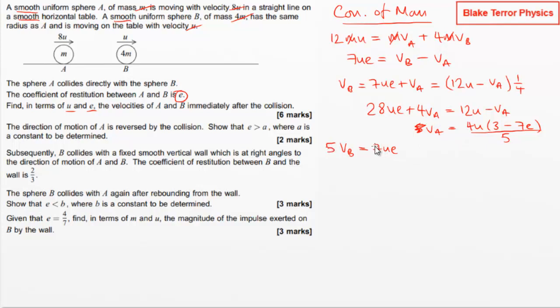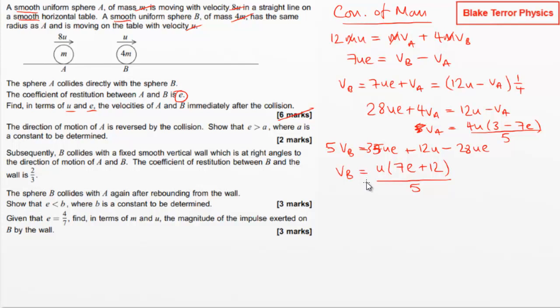So 5VB, that'll become a 35, and then we just have to add on 12U and take off 28UE. So VB is going to be equal to, we've got 7 lots of UE, so take the U out. So U times (7E plus 12), divided by 5. So that's given us VA and VB, which is our first part of the question.